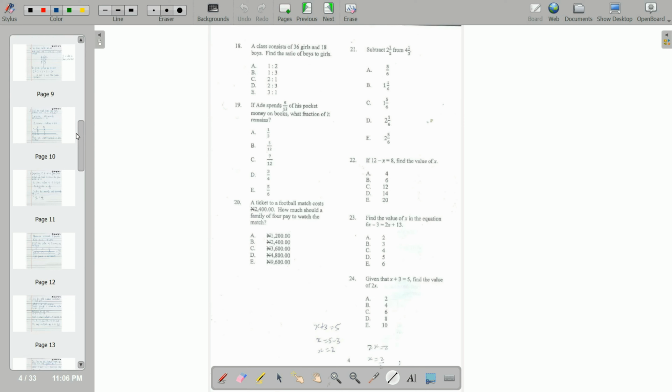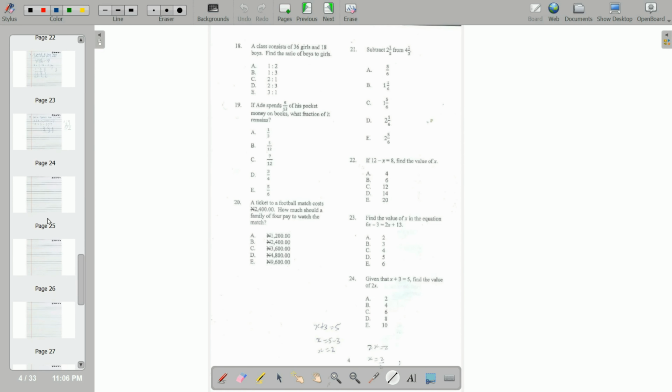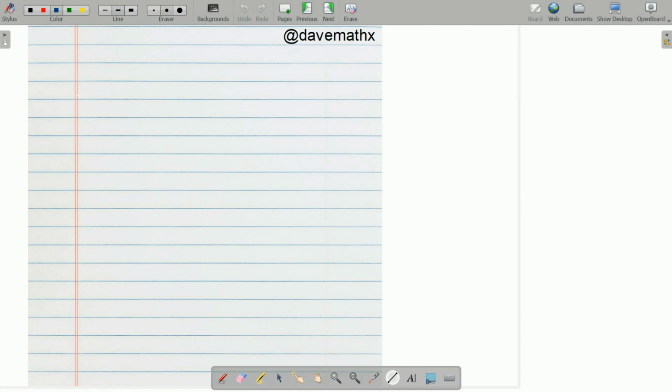Find the ratio of boys to girls. Girls are 36, while boys are 18.